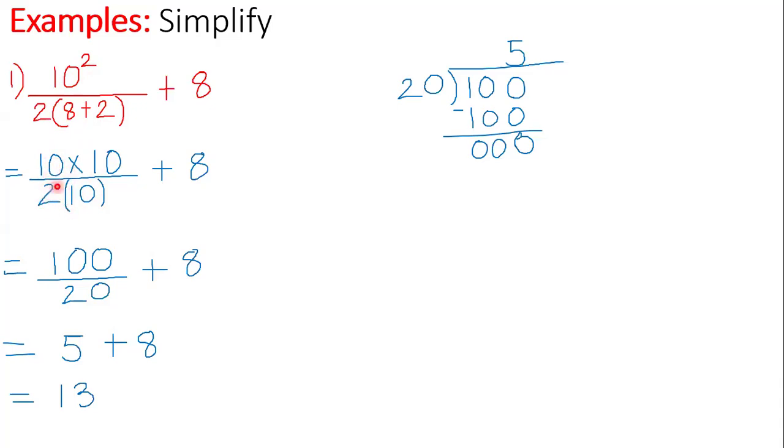So we have 2 times 10, which is 20. We just bring down the 8. 100 divided by 20, that's what the fraction means, is 5. And so we have 5 plus 8, which gives us 13. Let me know if y'all understand this one.